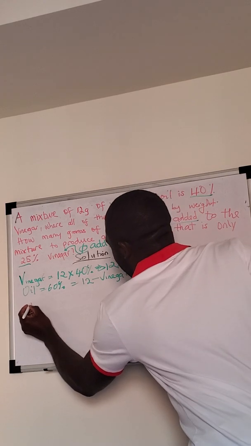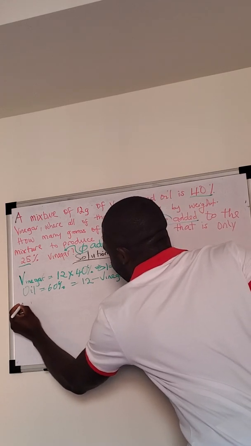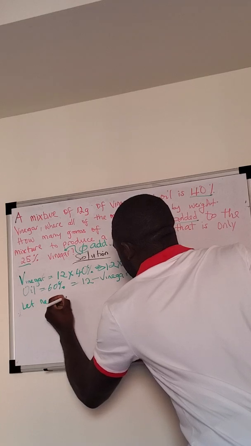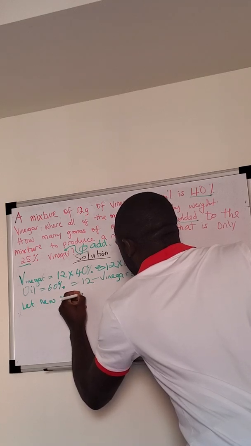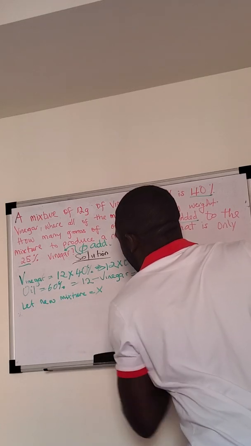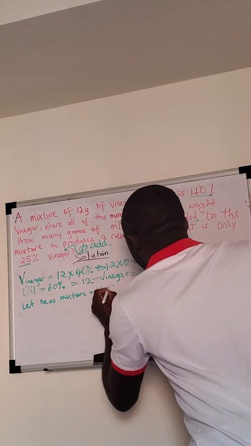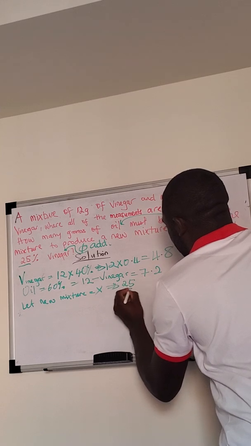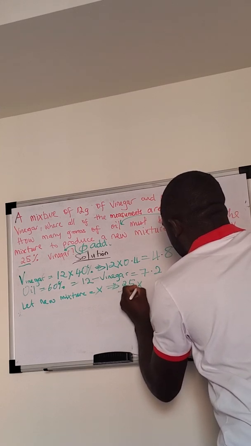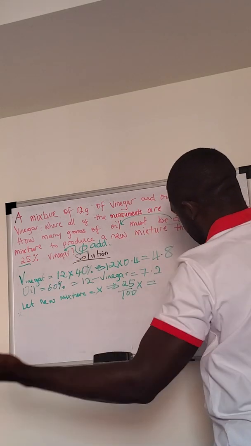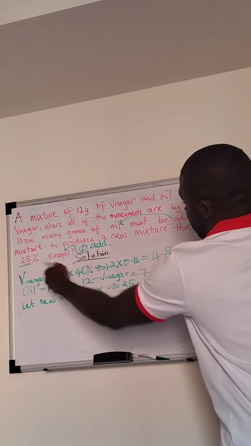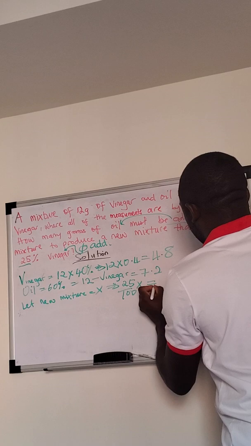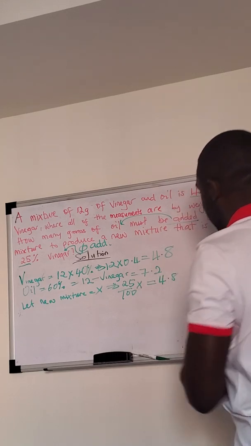Let the new mixture be equal to x. So this implies 25 over 100 of x is equal to vinegar. Vinegar is 25% of the new mixture, and we know vinegar to be 4.8.